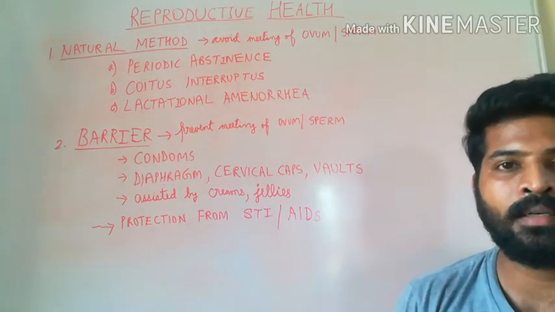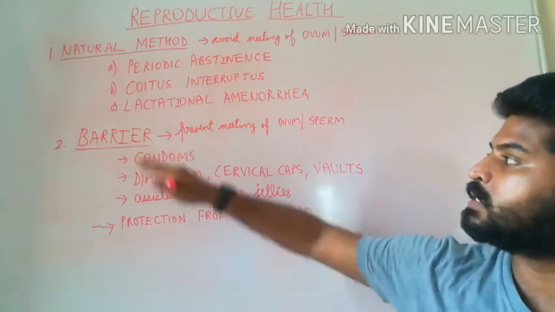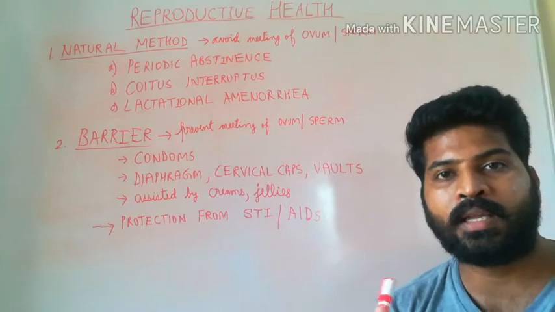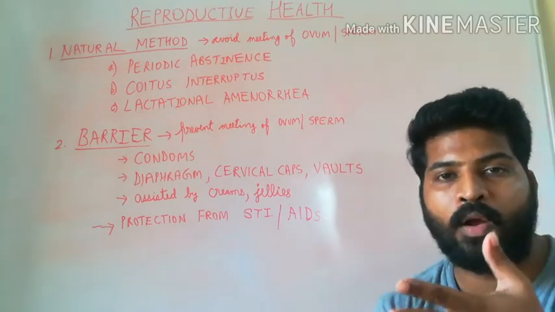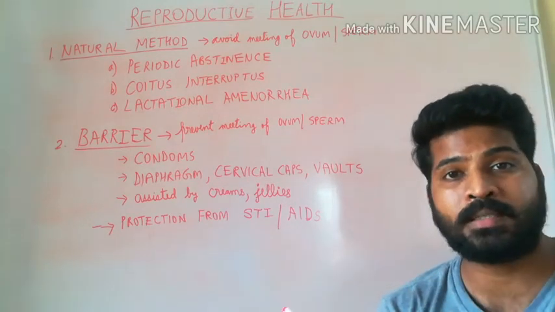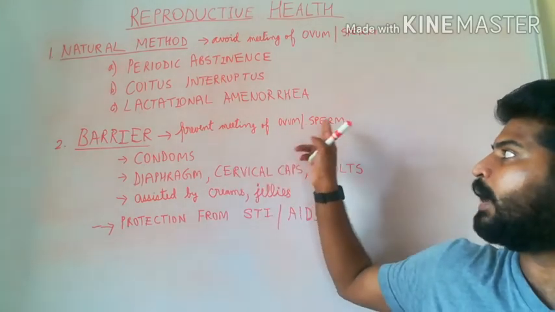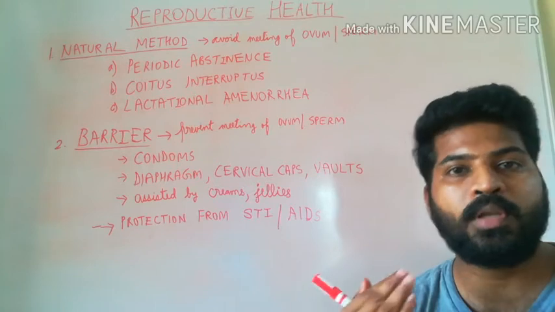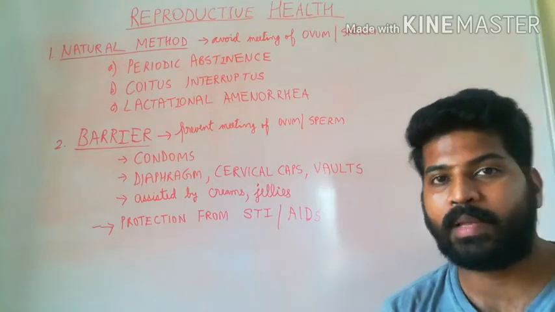The second contraceptive method is the barrier method. As the name suggests, we are creating a barrier or a wall. What does it do? It prevents the meeting of the ovum and the sperm. These barriers can be worn by both males as well as females.